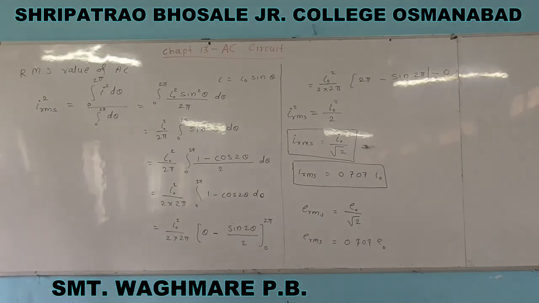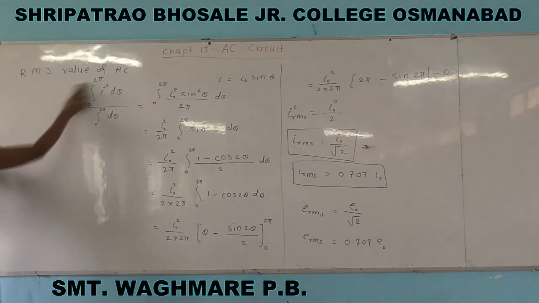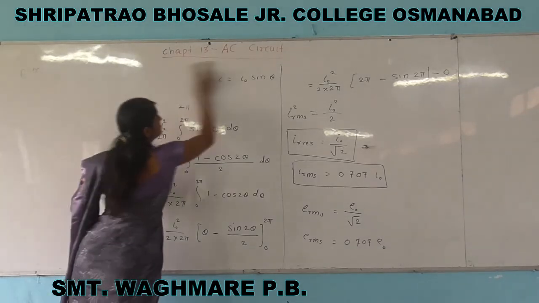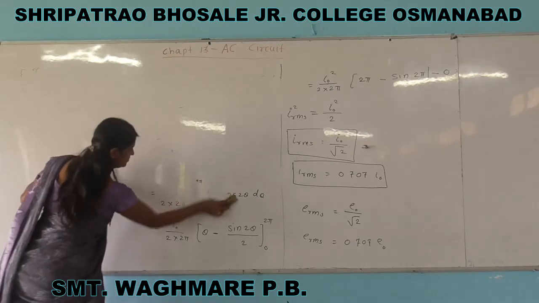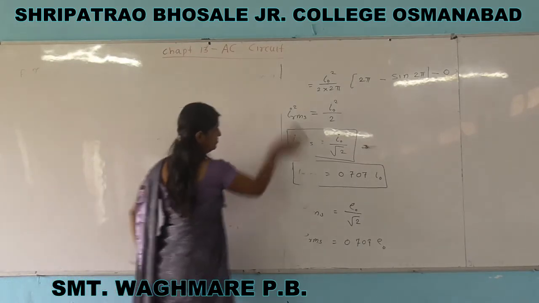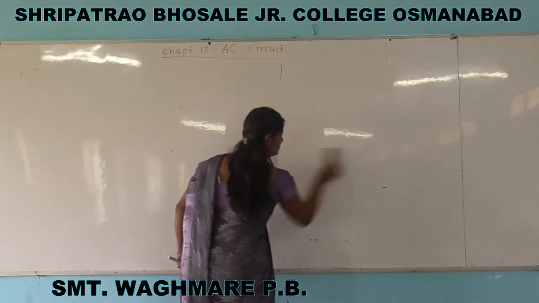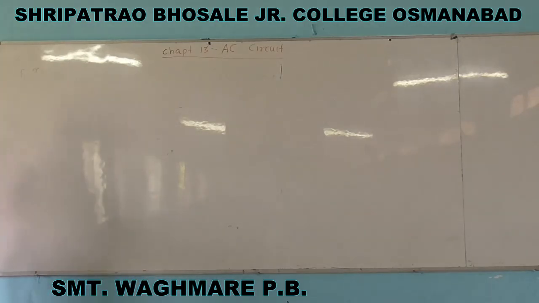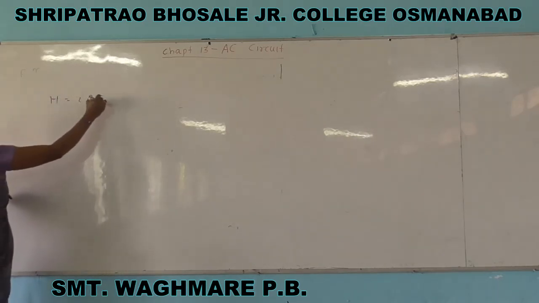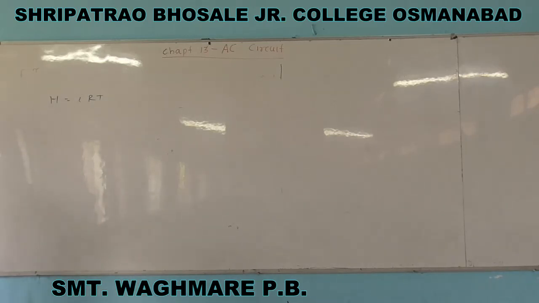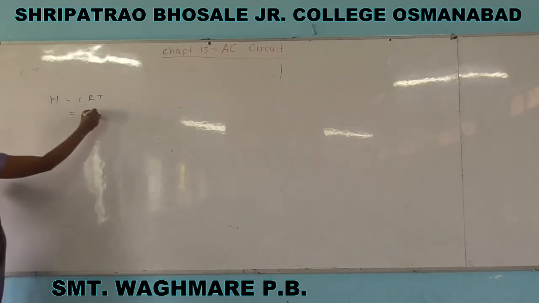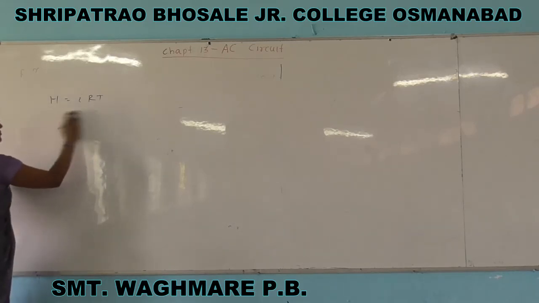Now, we will discuss the heat generated. We know that H is equal to I square R T. We can also write that heat is equal to the work done.